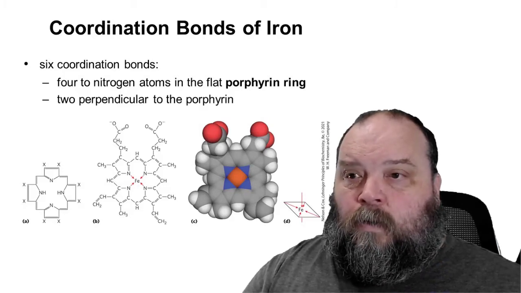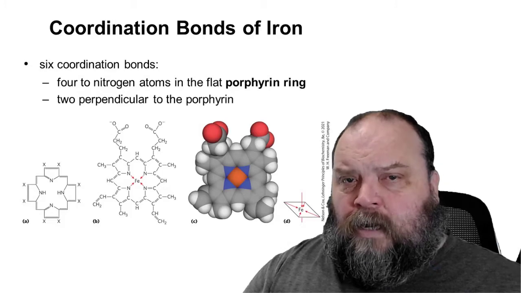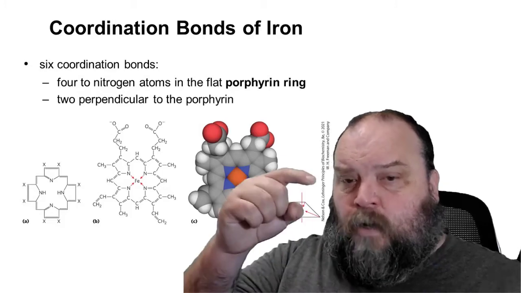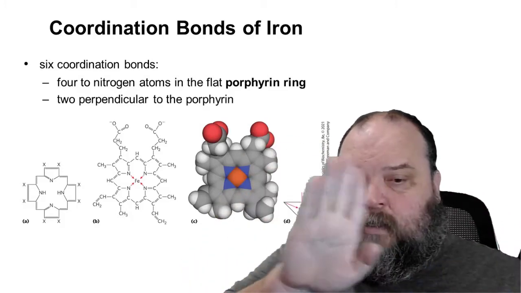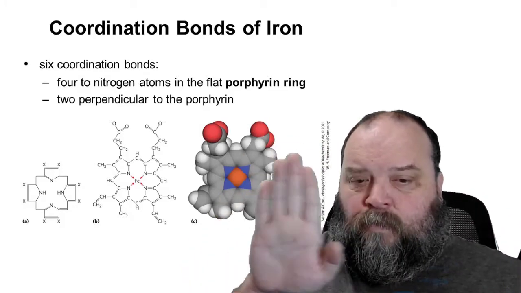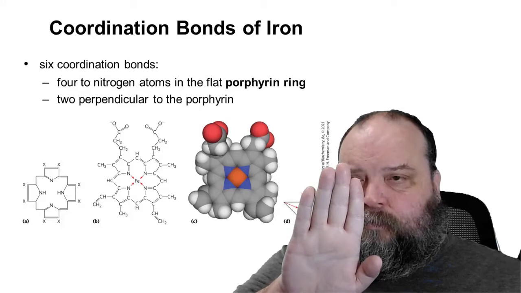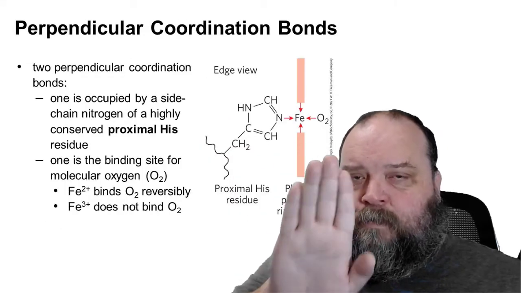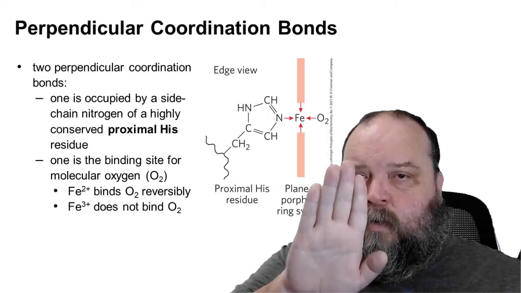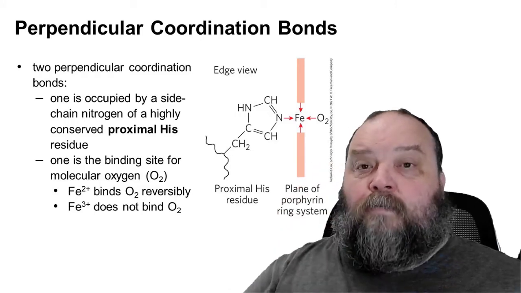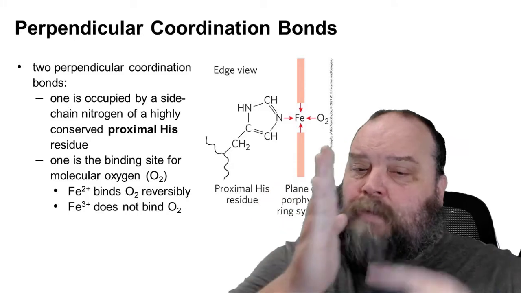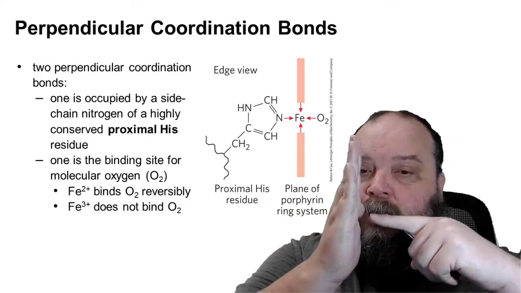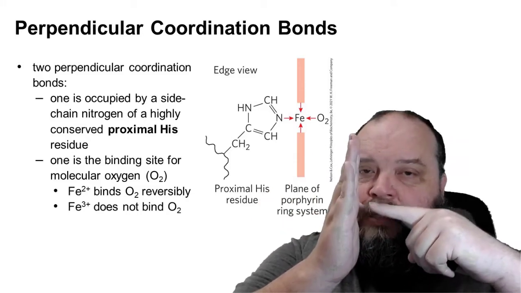Okay, that's cool, but what's also holding that iron in place? It's those 4 nitrogens from the porphyrin ring holding it there, stabilizing it, left, right, up, down. But we also have forward, back, away from the plane of the porphyrin ring. Well, it turns out coming in behind the porphyrin ring is a histidine residue.